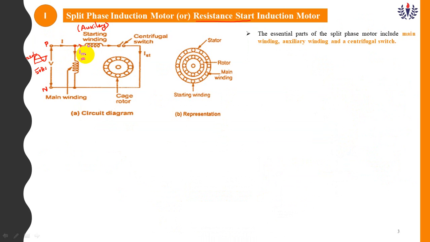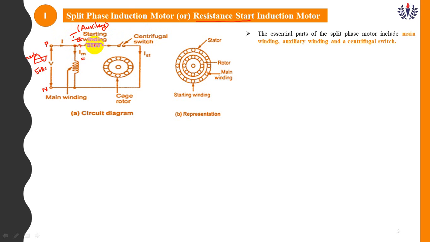And the current entering the starting winding is called Ist. Ist stands for the current flowing in the starting winding.